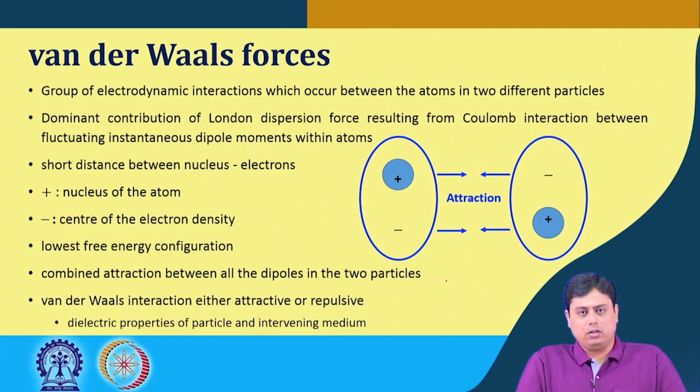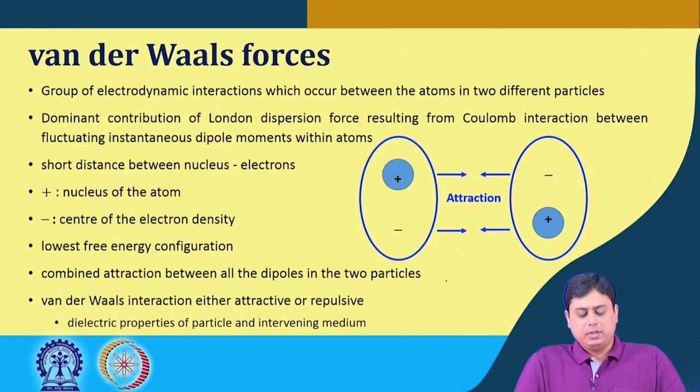Now this electron or the electron cloud, as it rotates around this nucleus, creates an electron density around this nucleus.